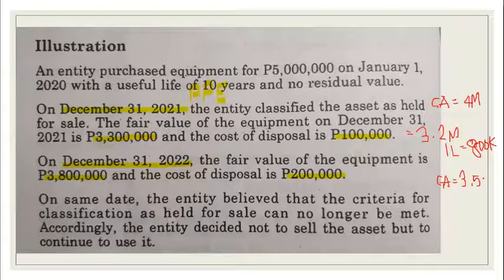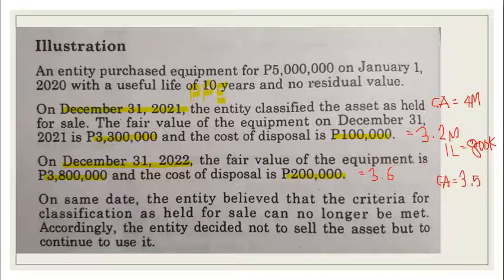Now, your recoverable amount is, of course, your fair value less your cost of disposal. So you have a recoverable amount of 3.6. Okay, recoverable amount 3.6. So again, whichever is lower.